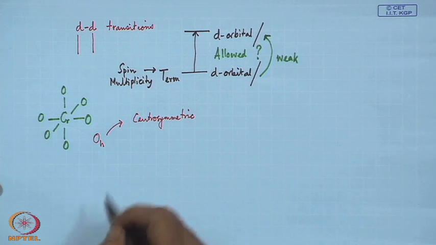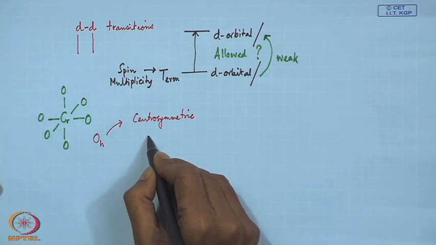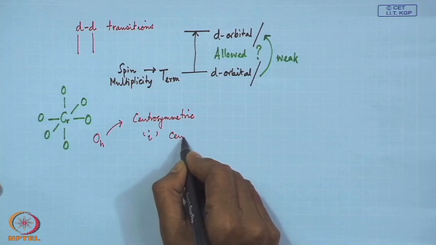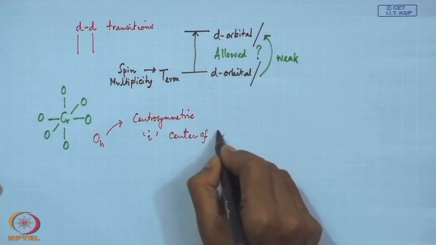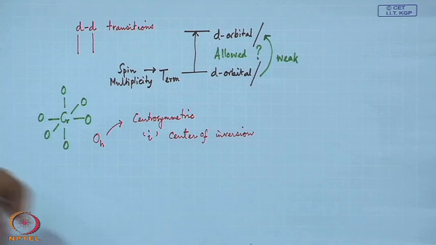That means after these transitions, whether the symmetry is preserved or not. That means whether there is a center of inversion or not.